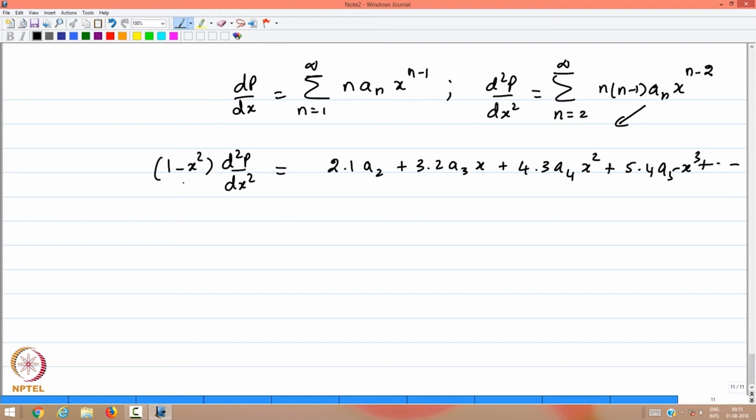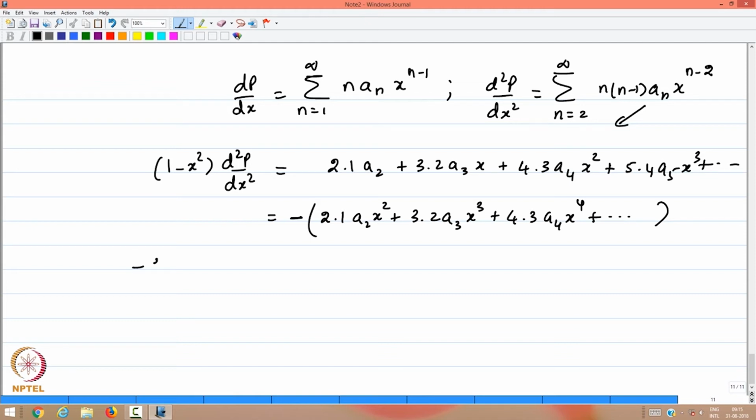And the second one is the x square term, which multiplies everything by x square with a minus sign. Therefore, you have minus 2 into 1 a2 x square plus 3 into 2 a3 x cube plus 4 times 3 a4 x to the 4 plus etc. So, that is this term.